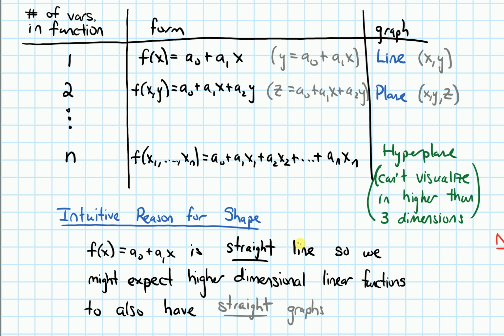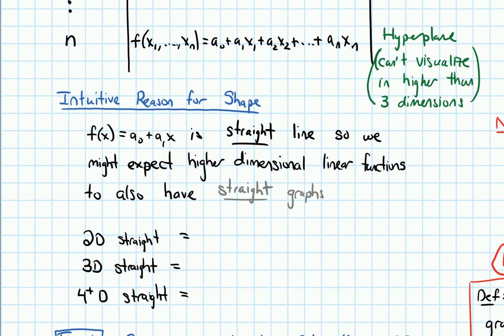So based off of that, we might expect that higher dimensional versions of this would also have straight, flat shapes. So what does straight look like in each of these dimensions? Well, a 2-dimensional version of a straight, flat graph is a line. A 3-dimensional version of straight or flat is a plane. And 4-dimensional or higher, we can't visualize, but we call these hyperplanes.